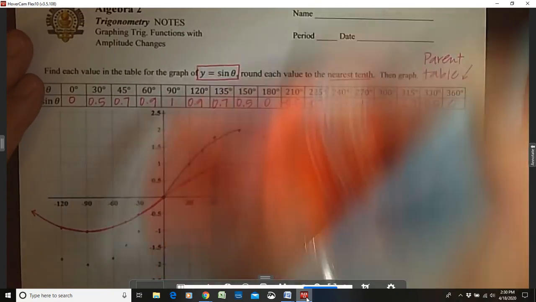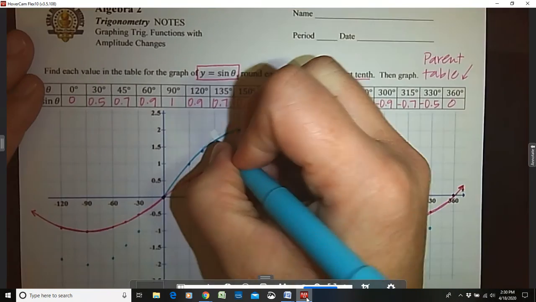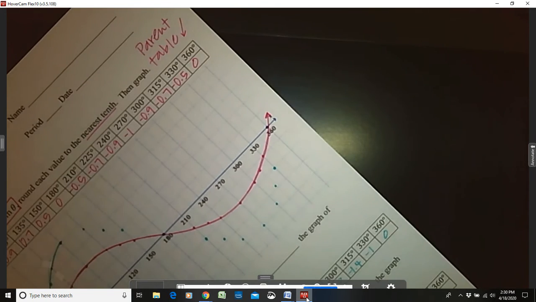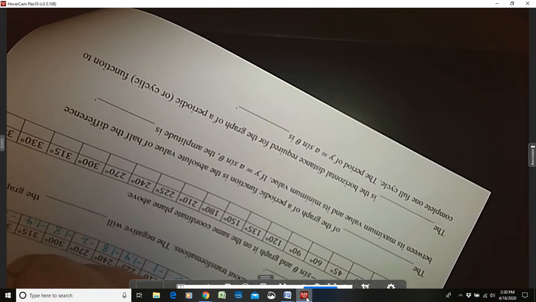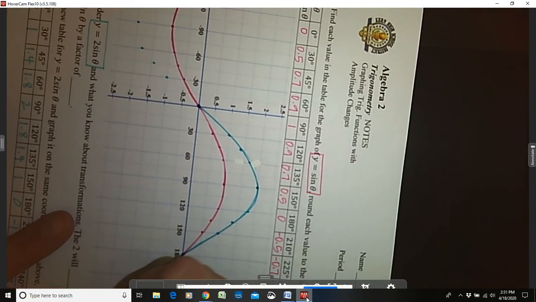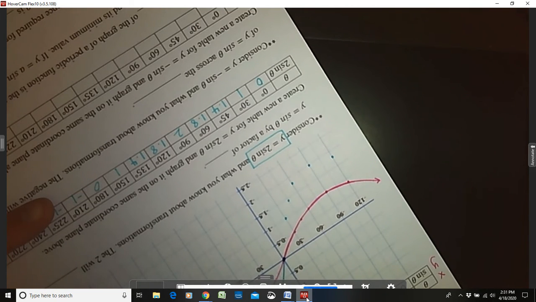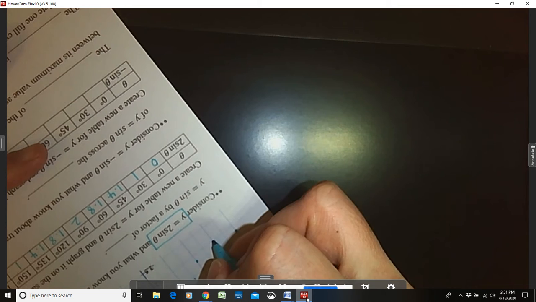Okay, I got that one point a little off. Let's fix it. And then, again, sorry, I have to turn my paper. Okay, not the best sketch, but it will do the trick here. Okay, so there is the graph of y equals 2 sine theta.